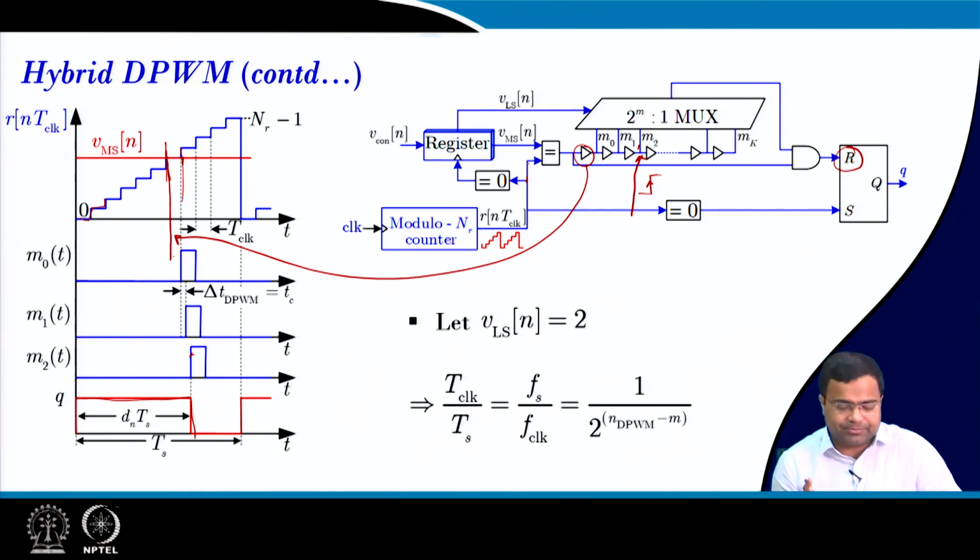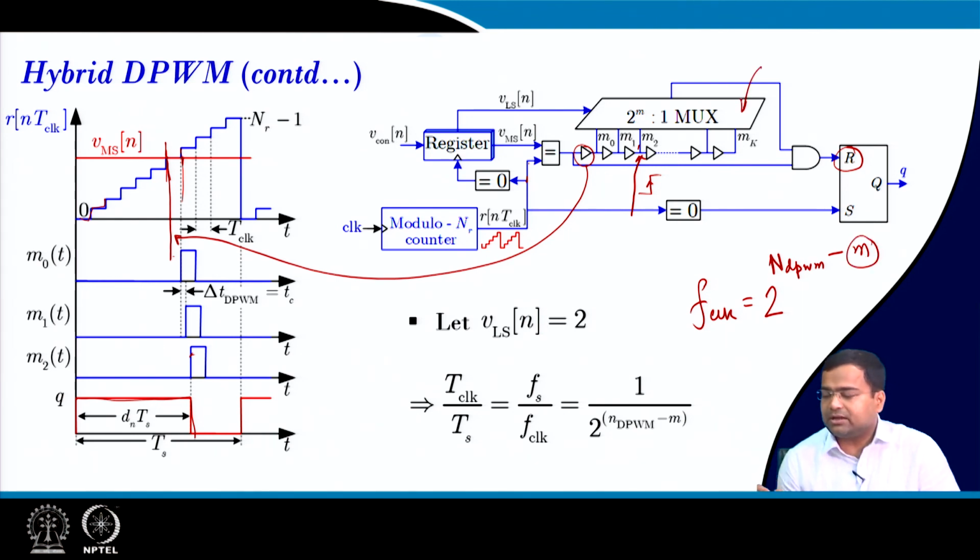This is called the hybrid DPWM architecture, and here the clock frequency requirement will be F clock equal to 2 to the power (N minus m) times FSW, where N is the DPWM resolution and m is the number of bits of the delay line.